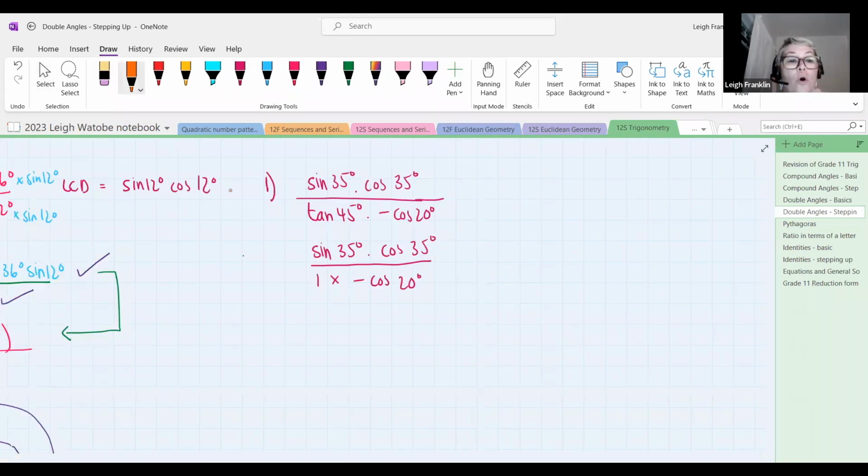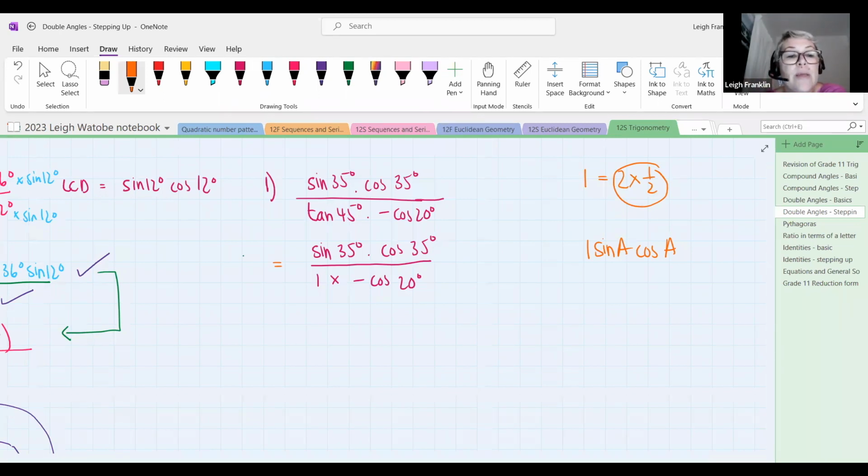All right. When you are in a situation where you have sine A cos A, the coefficient of sine A cos A is 1. You can manipulate that though, because you can write 1 as 2 times a half. So that's the trick to this, right? Writing 1 as 2 times a half.